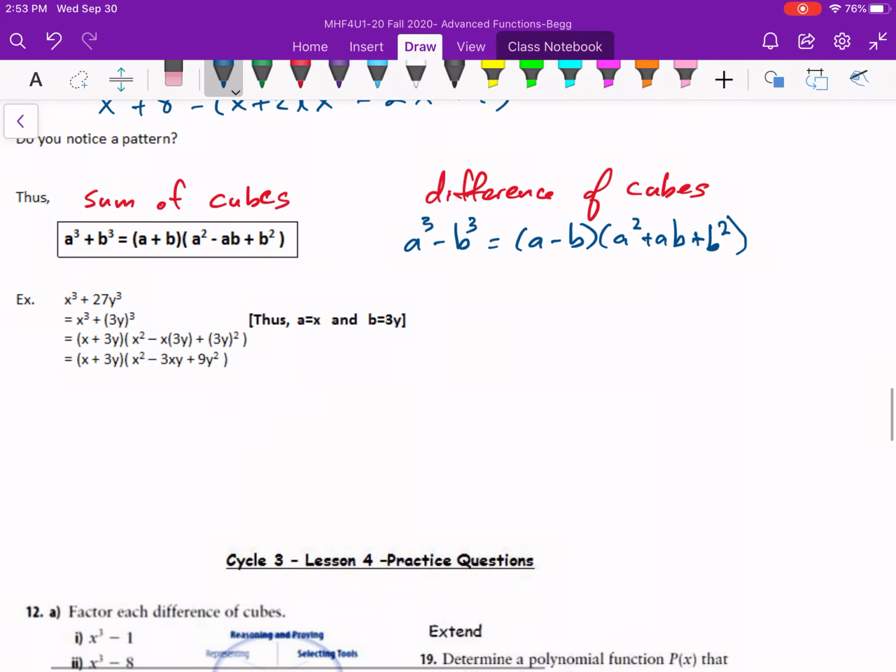So if you look at these two formulas side by side, the only thing different about them is that one of them has positives where the other one has negatives, and vice versa.